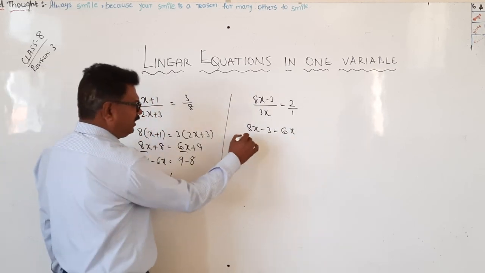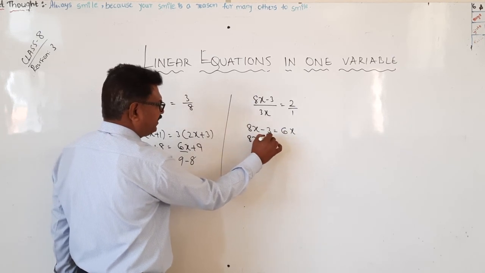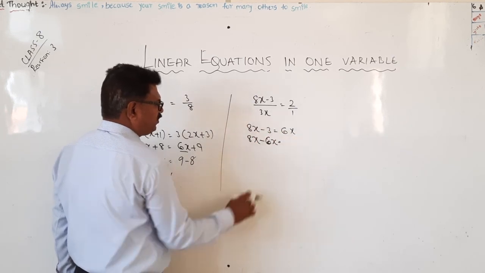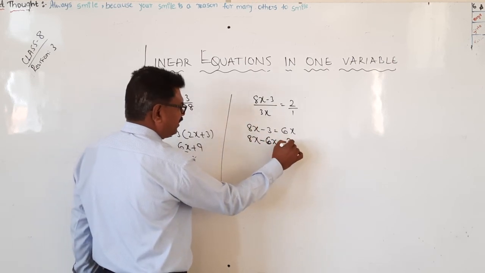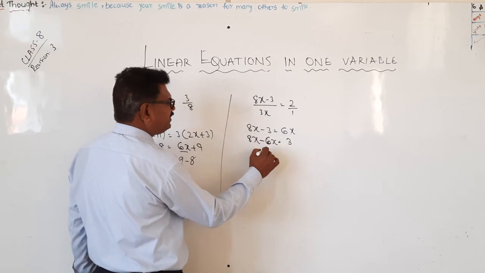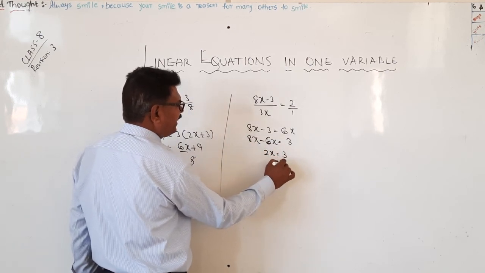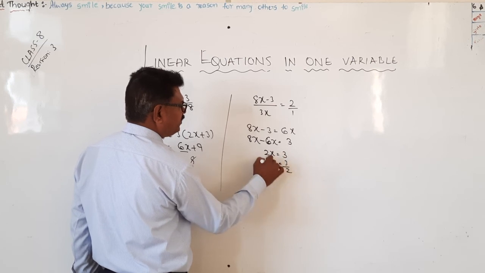Now 8x as it is, and 6x becomes minus 6x, equal to minus 3, which when it comes here becomes plus 3. Now 8x minus 6x is 2x, equal to 3. Therefore x equals 3 by 2.